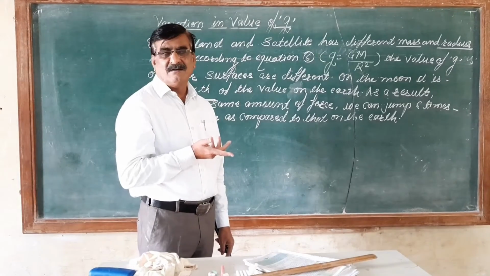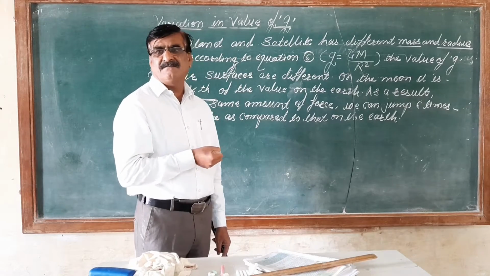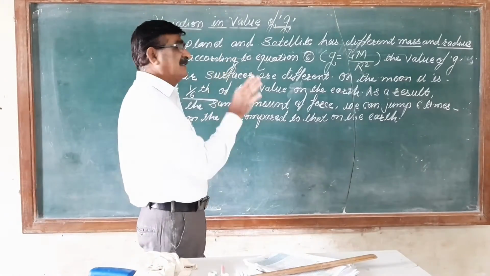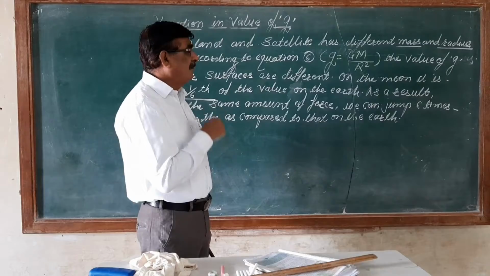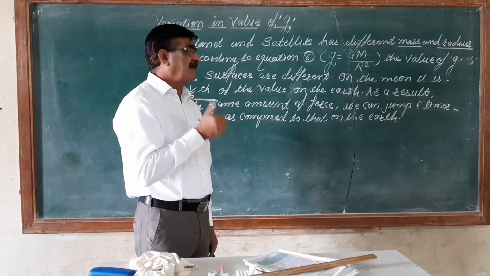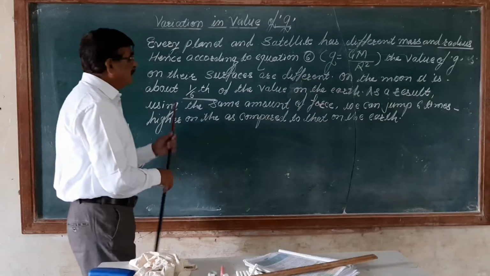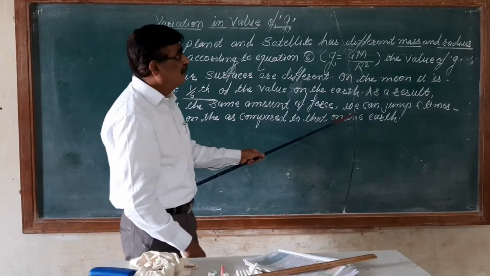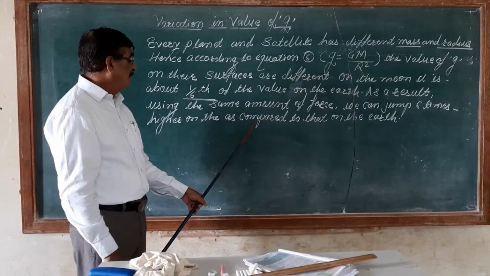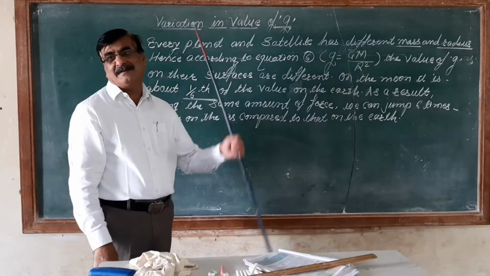The force is equal, but the pulling force, the gravitational force, is different on the earth surface and on the moon surface. What is the result? If you use the same force on different surfaces, the surface of the moon and the surface of the earth, we can jump 6 times higher on the moon compared to that on the earth.